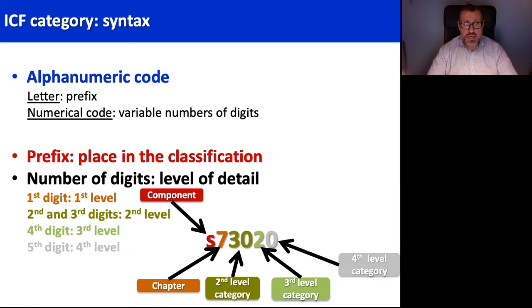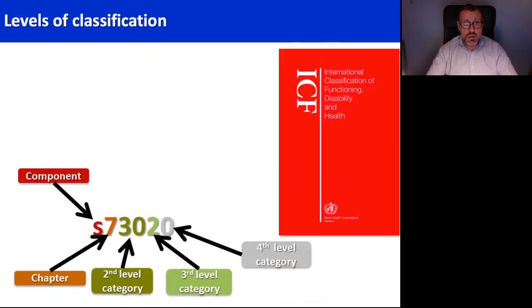So basically, when all 4 levels are employed, we have an alphanumeric code of 1 letter and 5 digits. Then, once we have the full category, we can look at the classification and see what this category stands for. Particularly, this category indicates the bones of the hand.